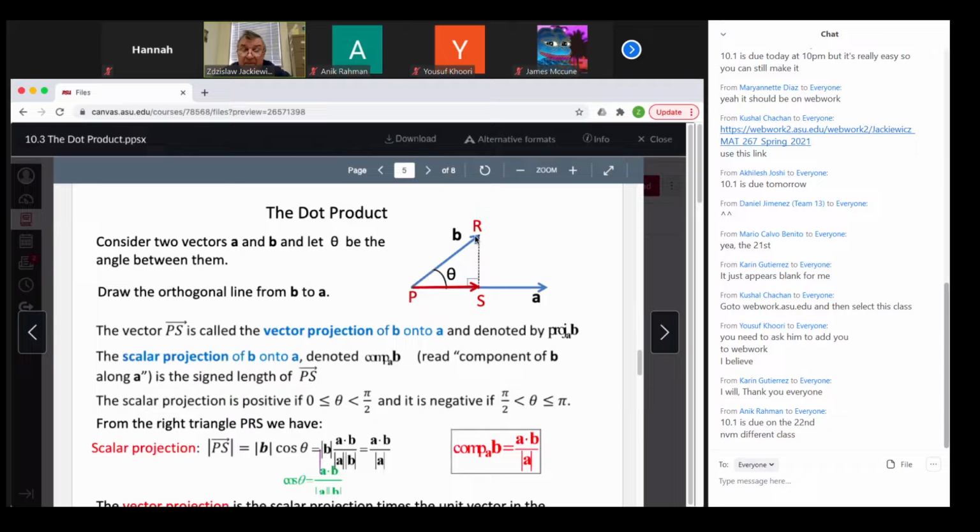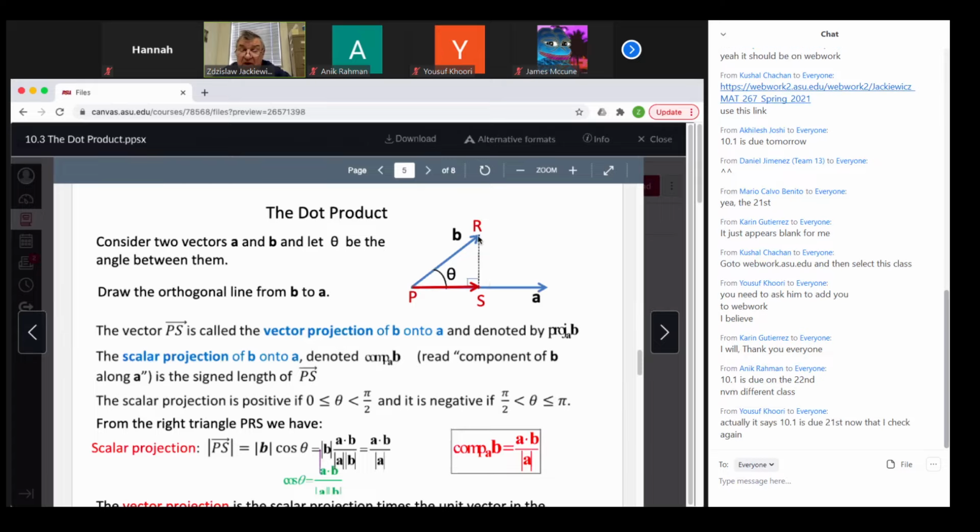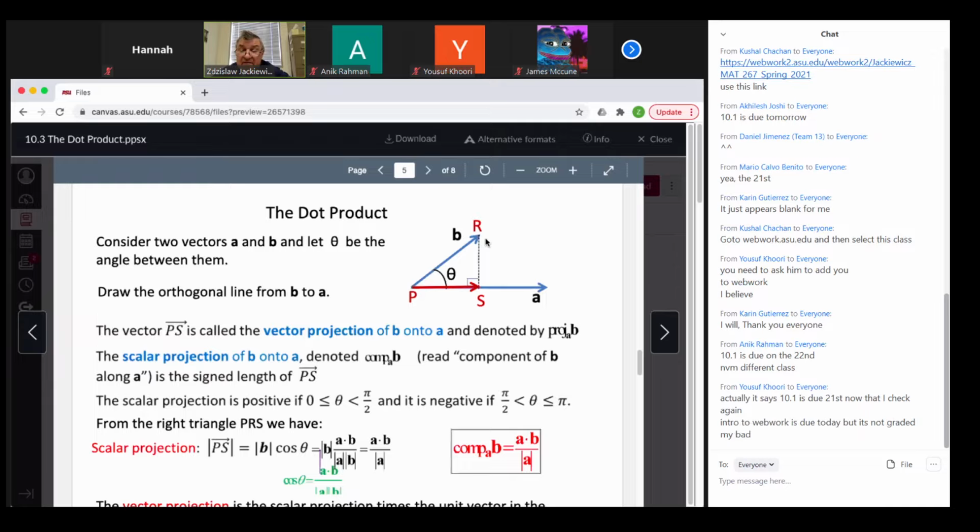So now, this vector PS, from here to here, is called the projection of the vector B onto vector A. The vector which connects the point P and S, this red one here, is called the projection of this vector onto the vector A. And the notation for this: PS is called the projection, proj, an abbreviation from projection, of the vector B, and you put subscript A here.